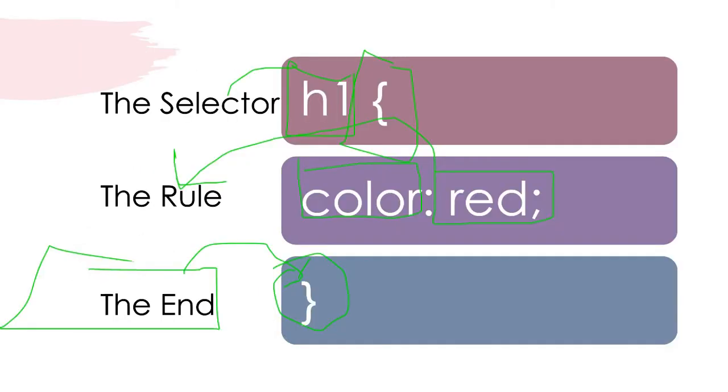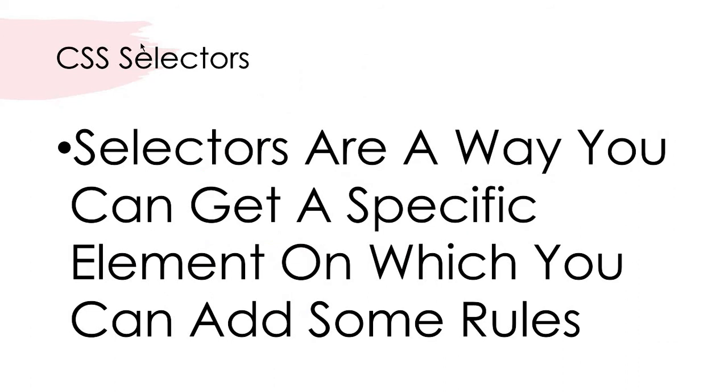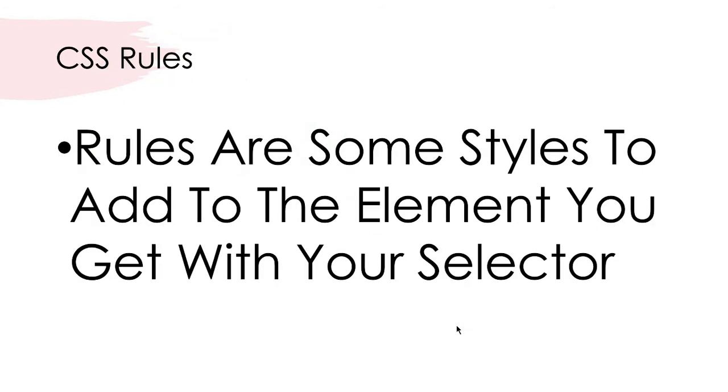So now let's understand CSS selectors. Selectors are a way you can get a specific element on which you can add some rules. What does this basically mean?